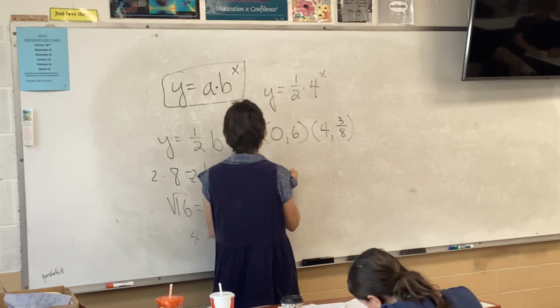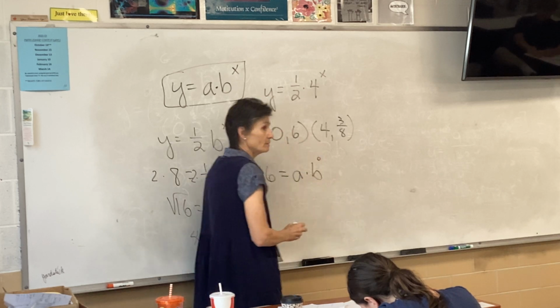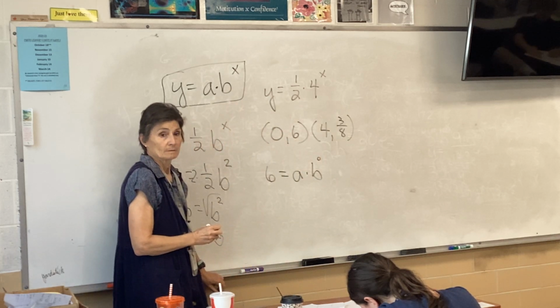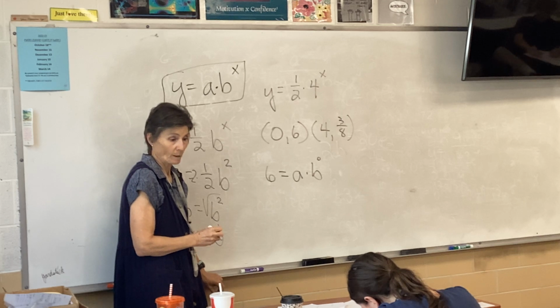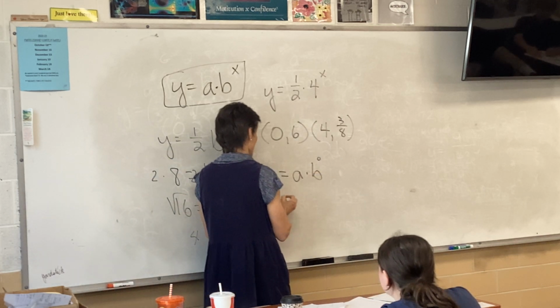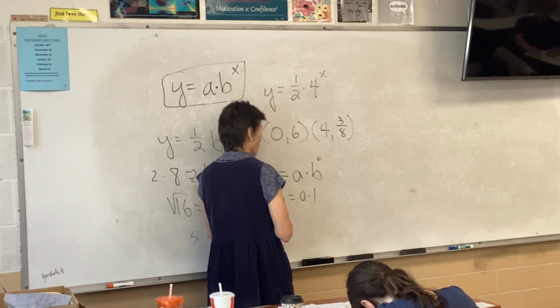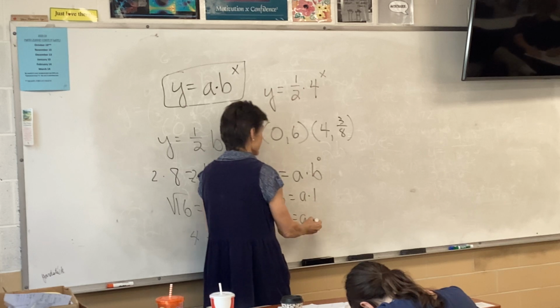So 6 equals A times B to the 0. So what happens? A equals 6, because anything to the 0 power is 1, so A equals 6.